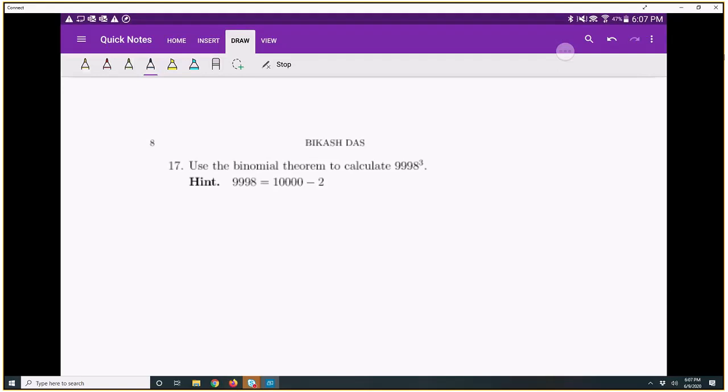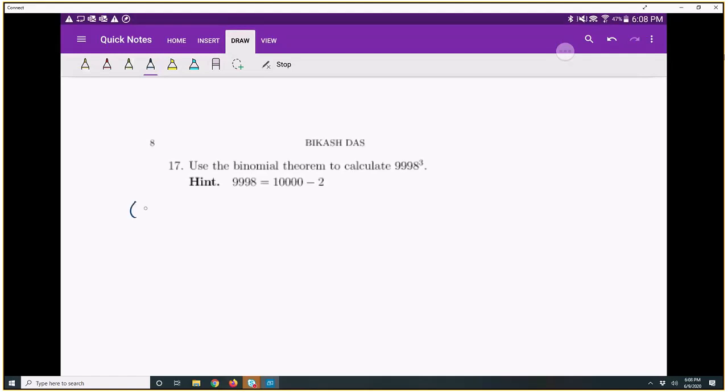Now, another interesting thing we could do, a clever way to use the binomial theorem, would be to do difficult calculations quickly. So if we wanted to calculate 9,998 to the third power, we could think of it as 10,000 minus 2 and make the calculation much quicker.